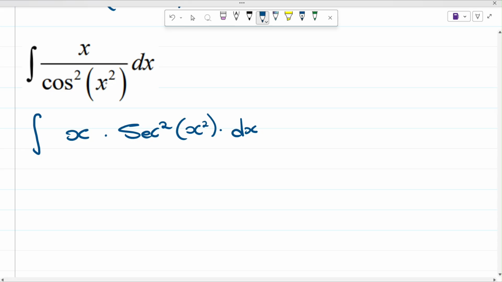So remember, for us to be able to make use of those integral formulas, we need to make sure that there is the derivative of the argument next to our trig function. So our trig function for this case is sec squared, and the argument is x squared. So what is the derivative of x squared? It's 2x, but then we only have x here. So what do we do?